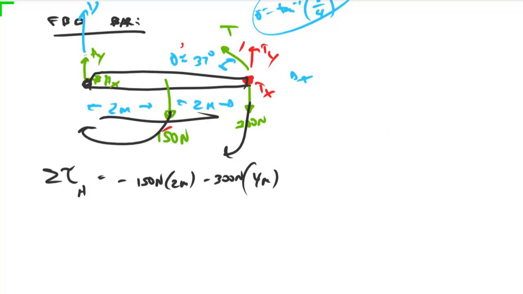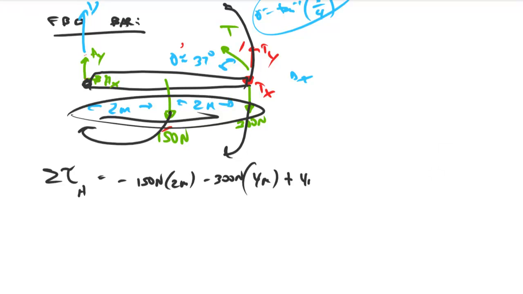And then Ty is going to be counterclockwise, so that's plus. Again the lever arm is 4 meters, so plus Ty times 4 meters. And that would be all the forces that cause torques.